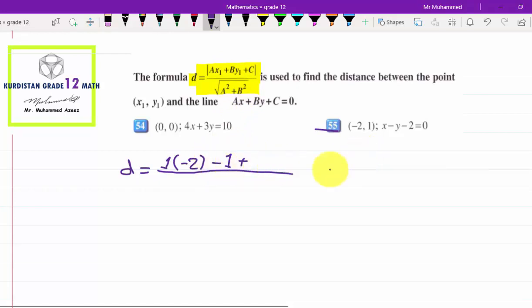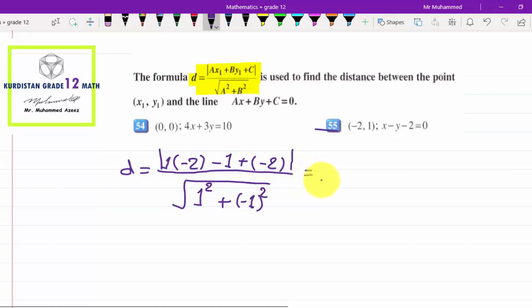Plus c is -2, in the absolute value. And down we have the square root of a is 1, 1 squared is still 1, plus b is -1, but -1 squared will be 1.